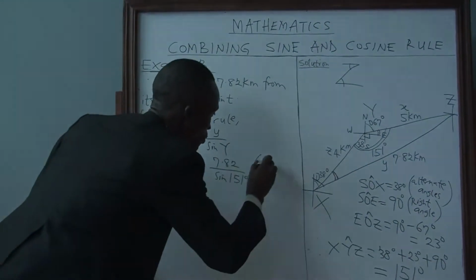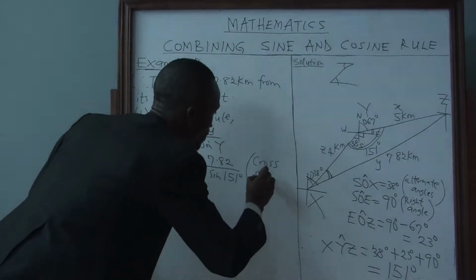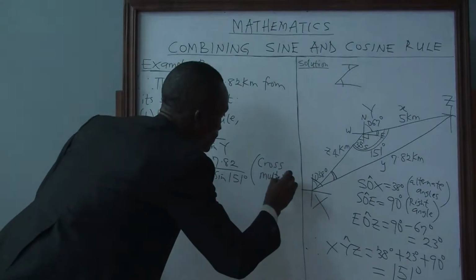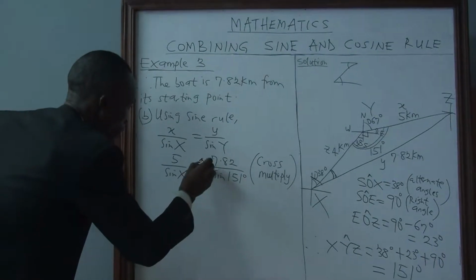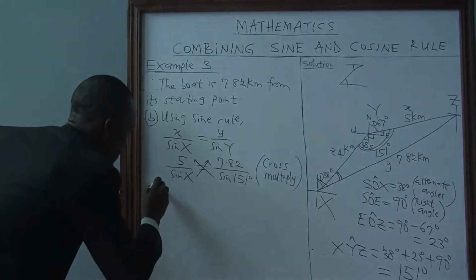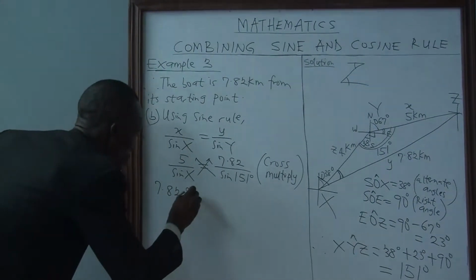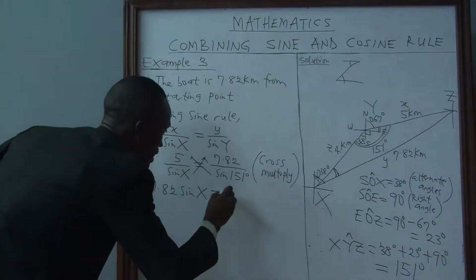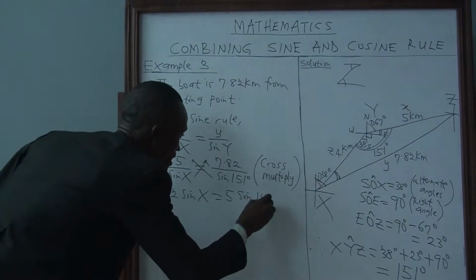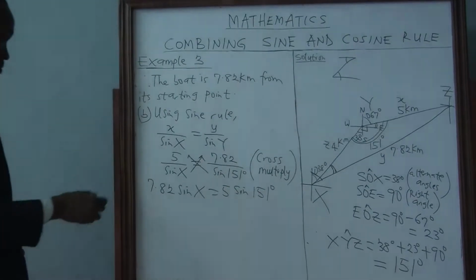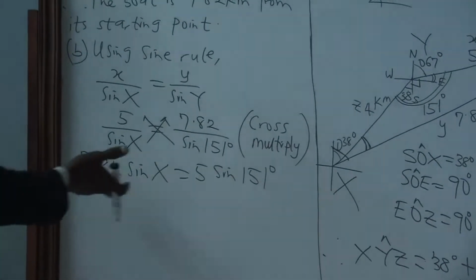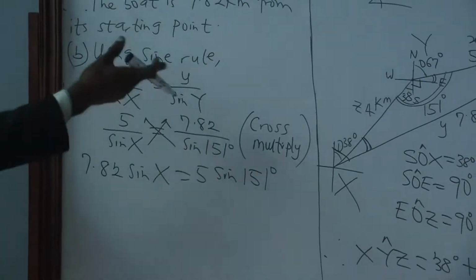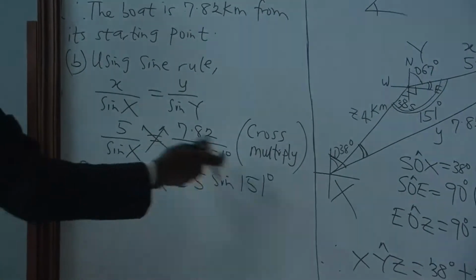And from here we cross multiply. By cross multiplying, we have 7.82 sine x is equal to 5 sine 151 degrees. So what we do here is divide both sides by the coefficient of sine x, since the angle we are looking for is x.